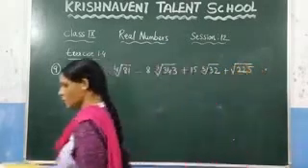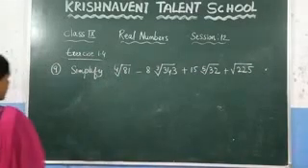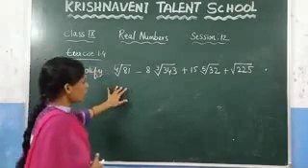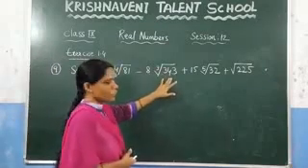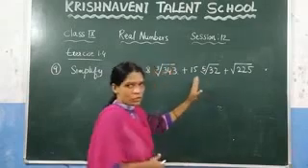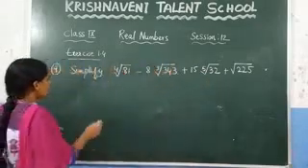This is the question given here. You need to solve this question. What is the question here? You need to simplify the 4th root of 81 minus 8 into cube root of 343 plus 15 into 5th root of 32 plus root of 225.